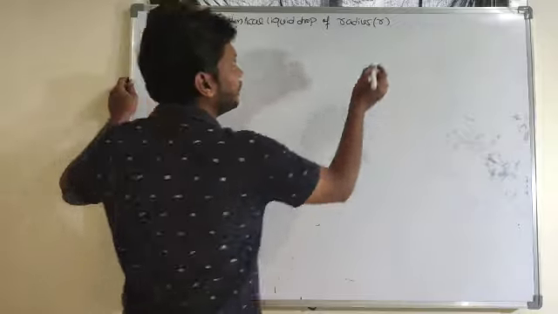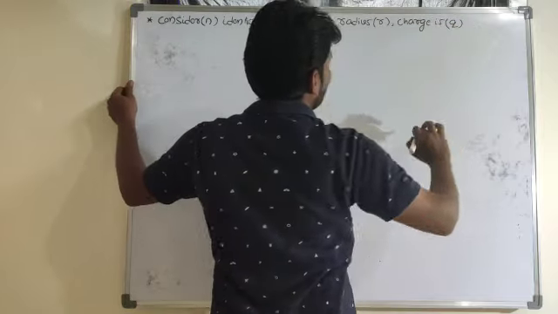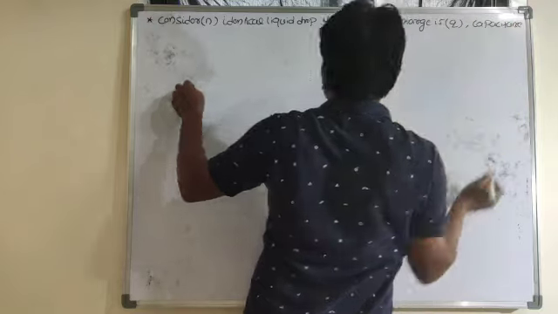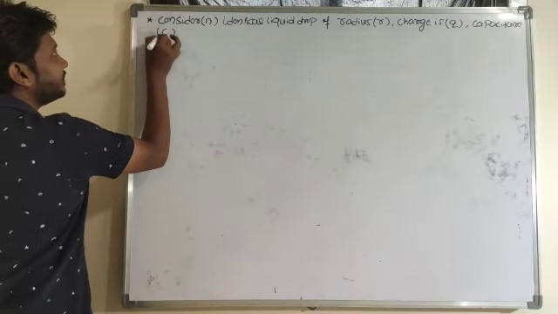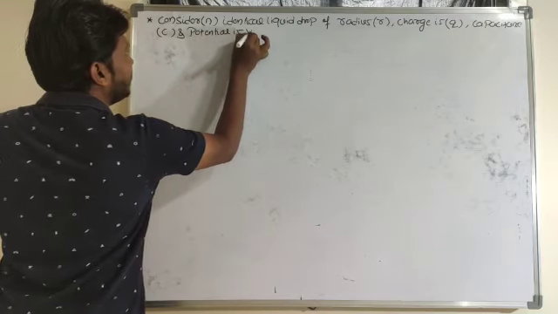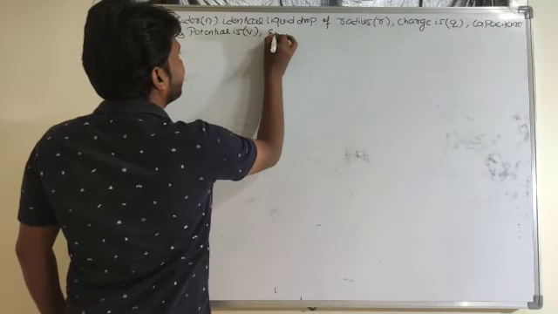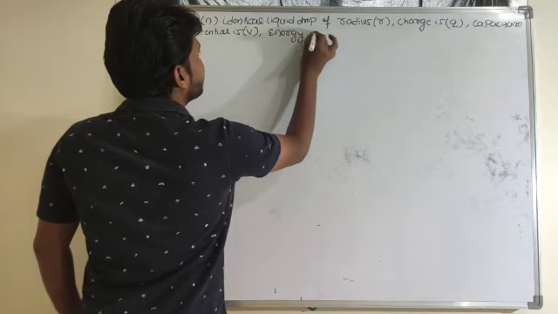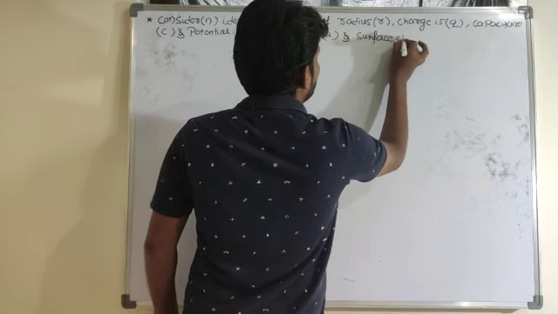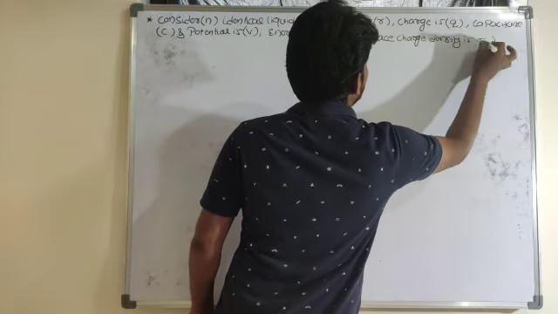Its radius is r, charge is small q, capacitance is small c, potential is small v, energy is U, and surface charge density is sigma.